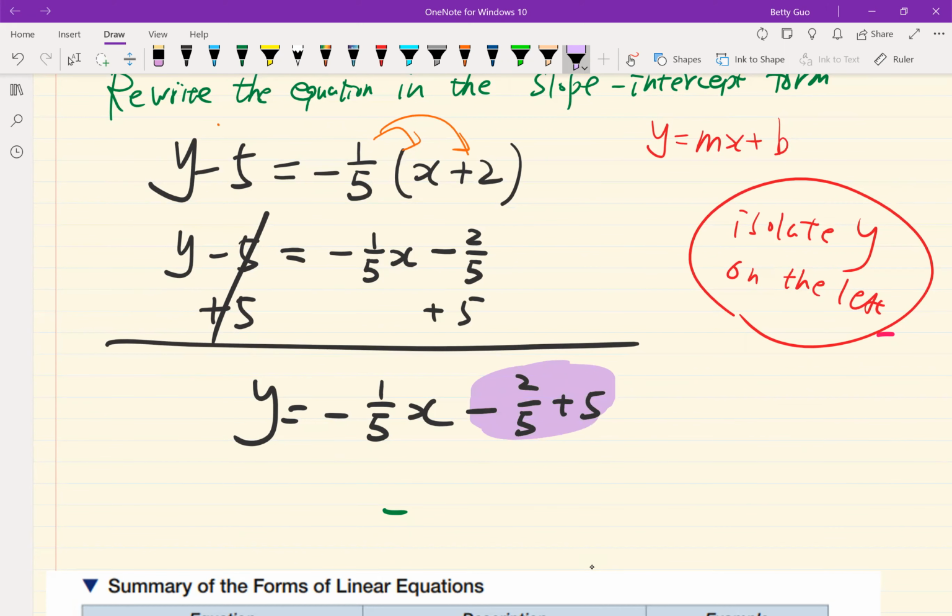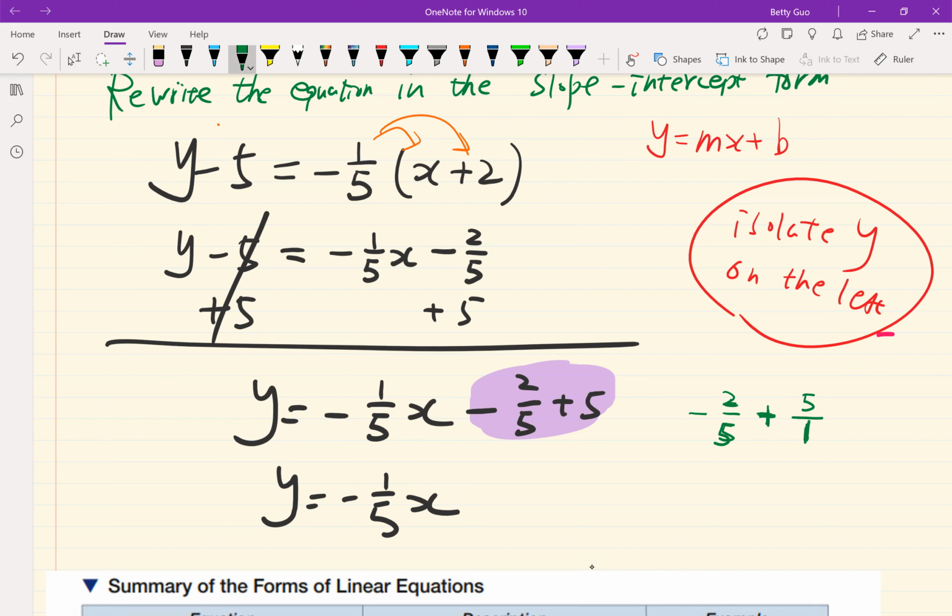What number is that? -2/5 is a fraction. 5 is a whole number. Could we write 5 also as a fraction? -2/5 plus, could we write 5 as a fraction? 5/1, okay.